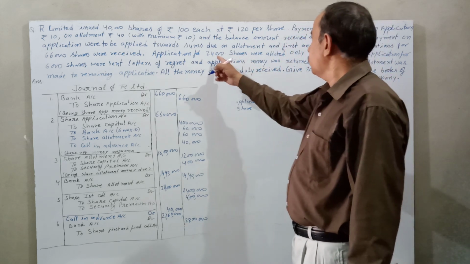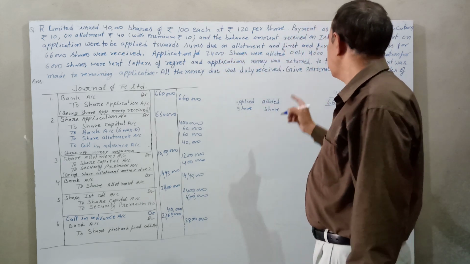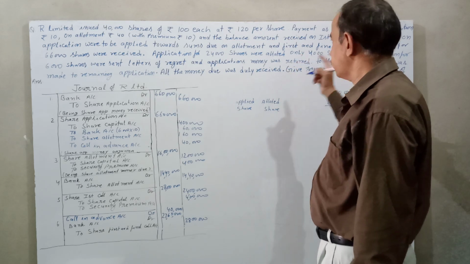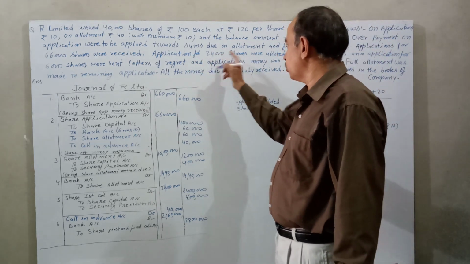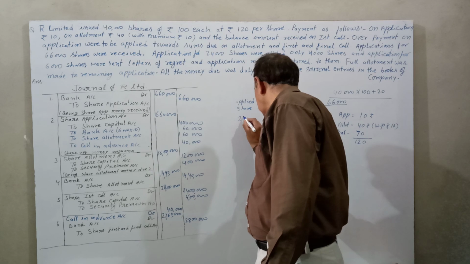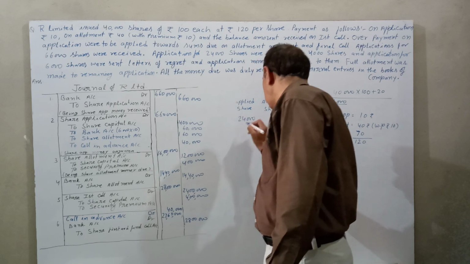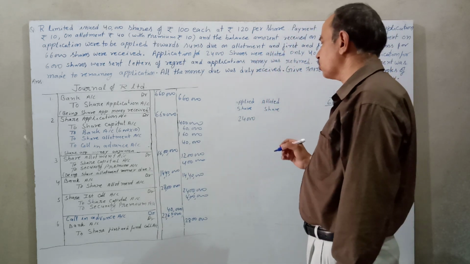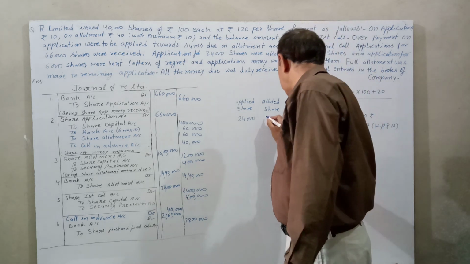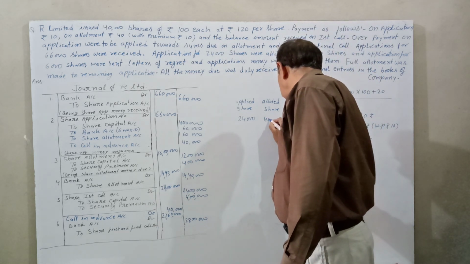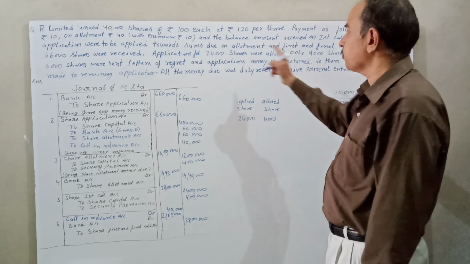First category: 24,000 shares applied, only 4,000 shares allotted. The shareholders applied for 24,000 and the company gave only 4,000 shares.